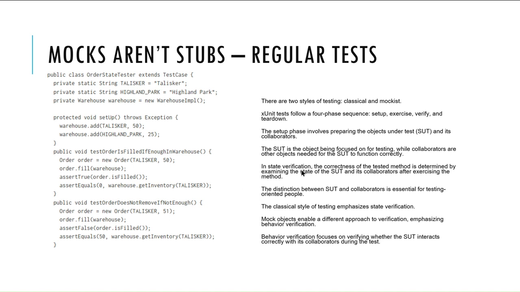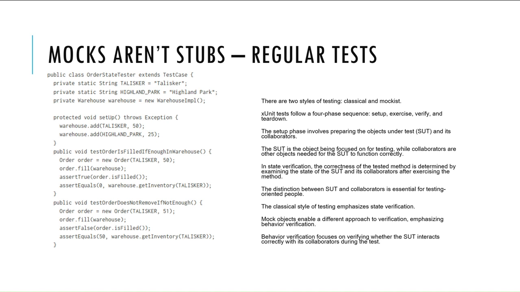Now, regular test. There are two styles of testing: classical and mockist, as we previously discussed. XUnit tests follow a four-phase sequence: setup, exercise, verify, and tear down.